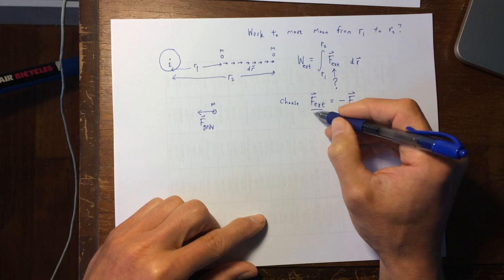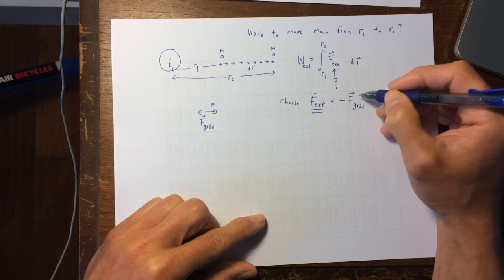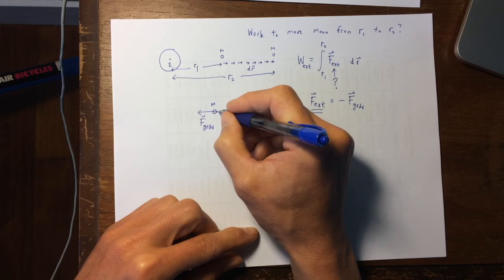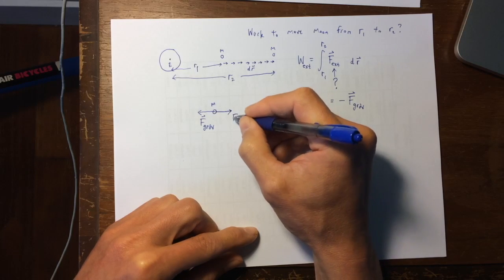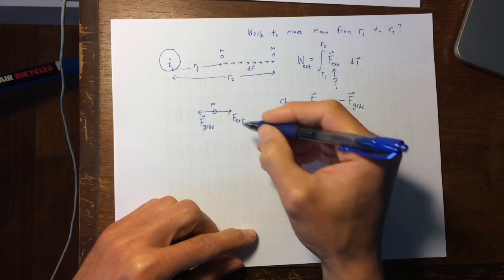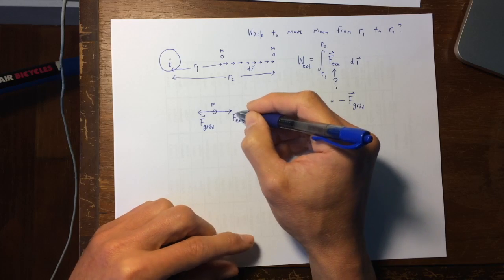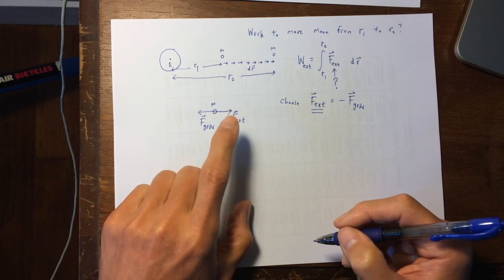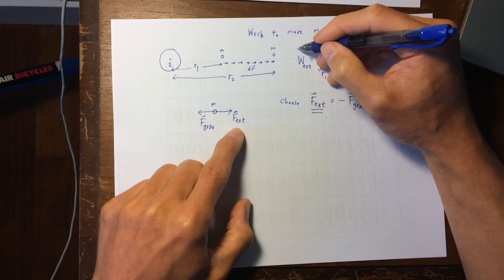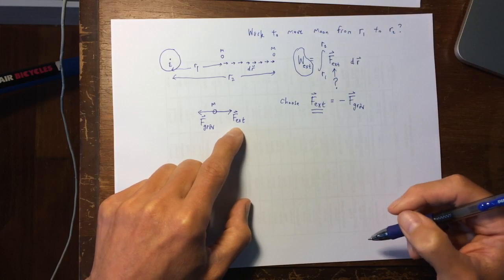I'm going to use an external force that has the opposite value of the gravity force. So here is this external applied force, by the big, gigantic, ancient astronomical being. And this external force is what I am considering the work by.